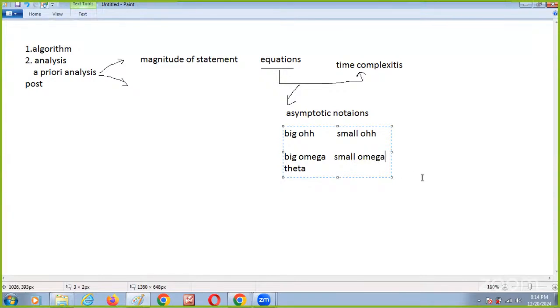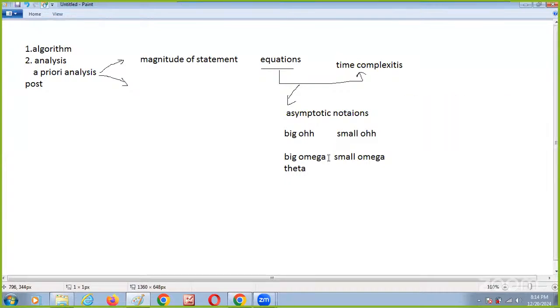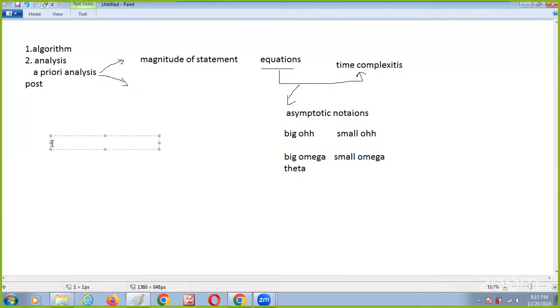So these are the different notations we have seen. Big O is nothing but, with A as f of x and B as g of x, A is less than or equal to B. This is big O.